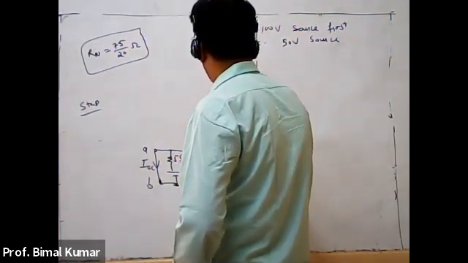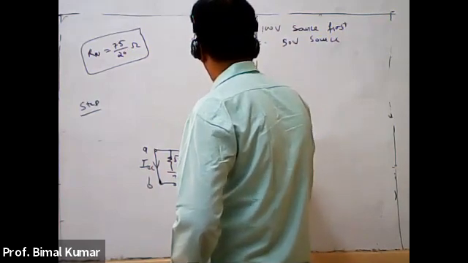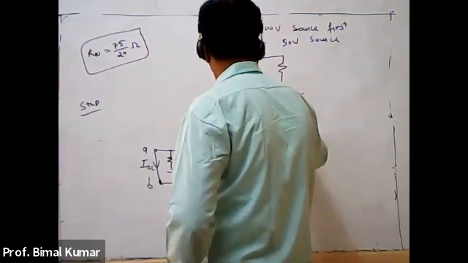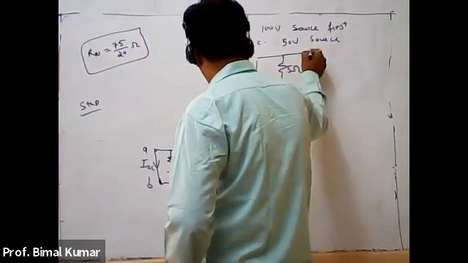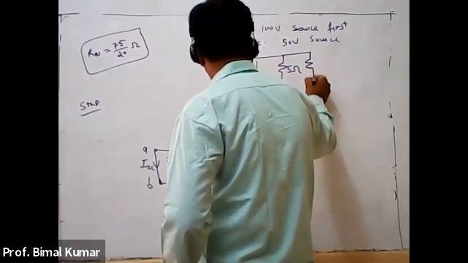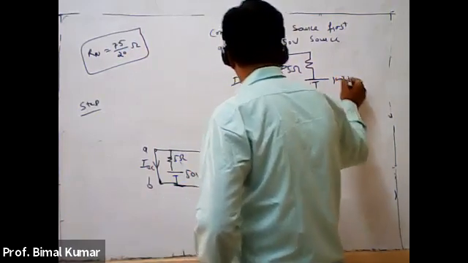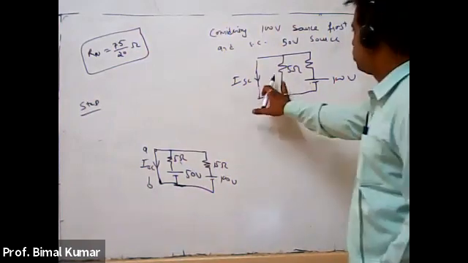So this is your ISC, right? Here it will be 5 ohm. There, here I am applying the short circuit. Then this will be like 100 volt. Fine. Now see here, these two are in parallel.